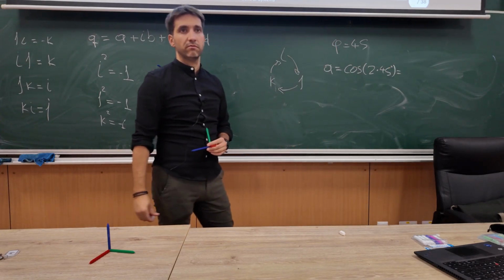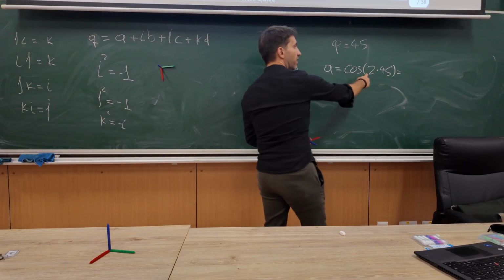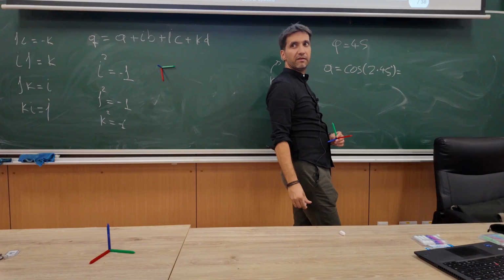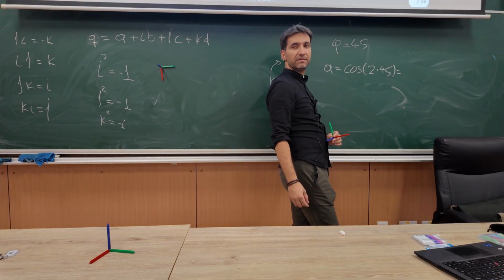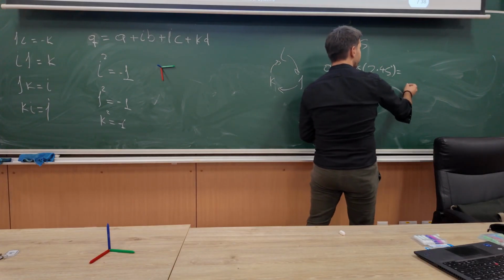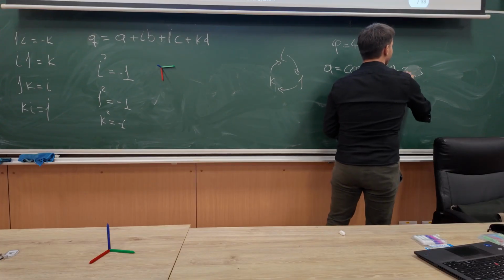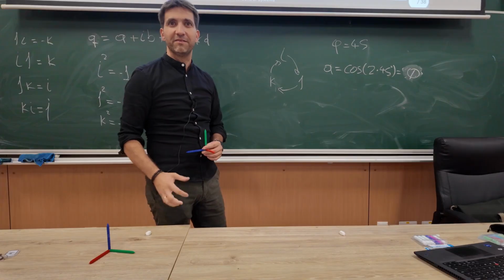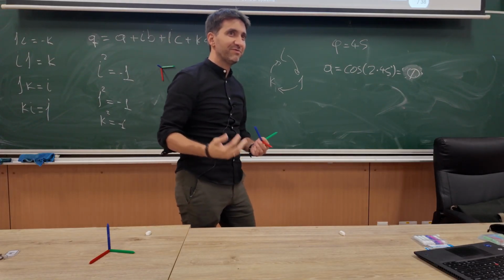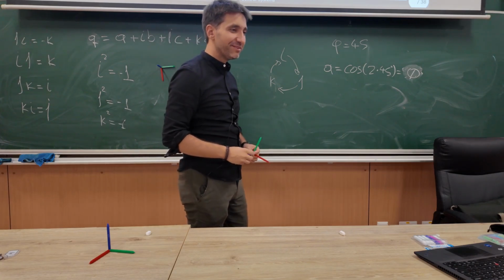How much? 2 times 45, 90? Cosine of 90? 0? I doubt myself because I see you. Am I saying something wrong?